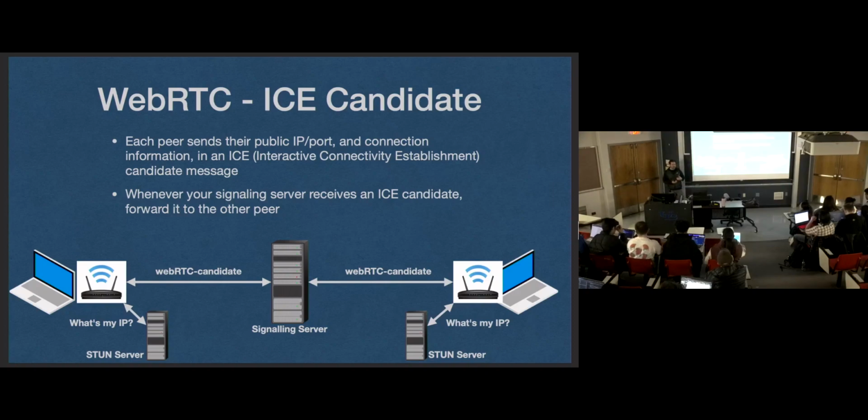And the clients will negotiate the best connection to use. So if they are on the same network, they'll still talk to the STUN server and get all their candidate lists, but then they'll test the local connection and say, whoa, looks like we're on the same network. We can just connect without using the internet. Let's just connect using the local network. And they'll figure that out.